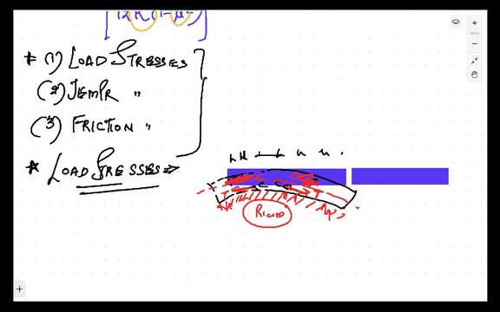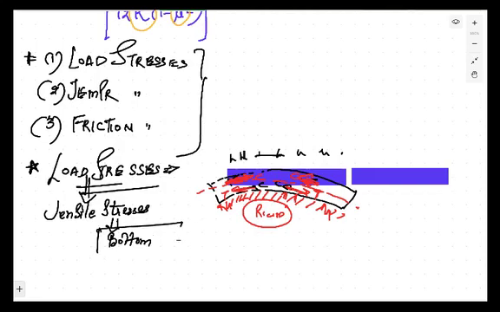Now we know one thing: in case of concrete, tension is critical because brittle materials are weak in tension. We have studied this. It means the tensile stresses present at the bottom of the slab will be critical, so under load stresses the critical portion of the slab will be the bottom portion.